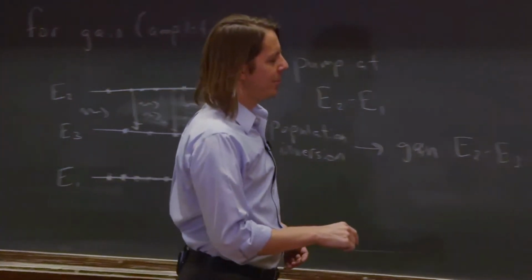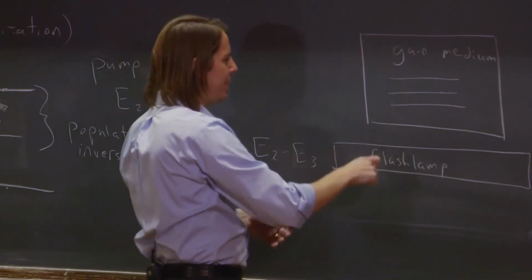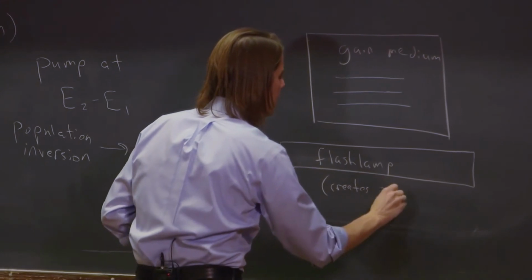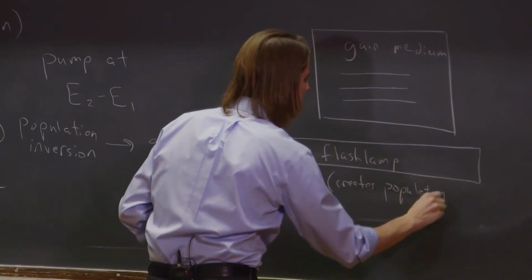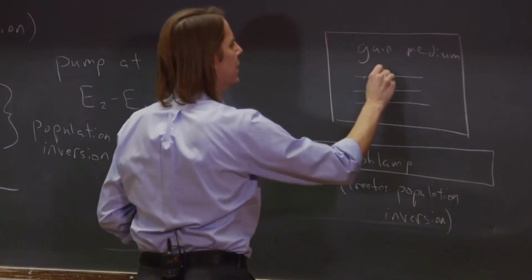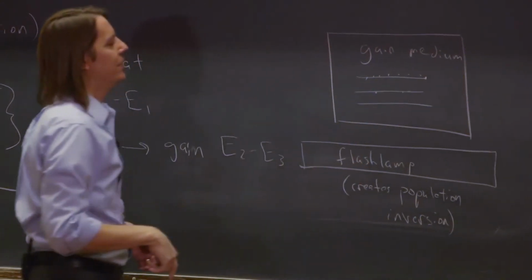So the flash lamp is a bunch of just really bright UV light, and it basically creates the inversion. Right, so you get a bunch of electrons there and a few there.